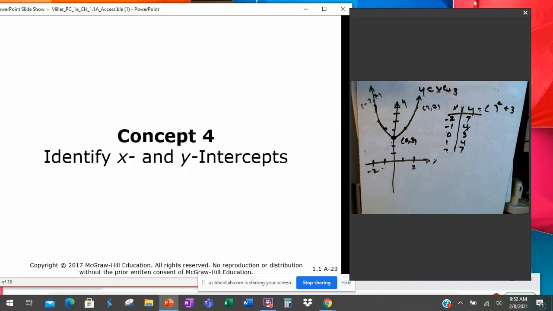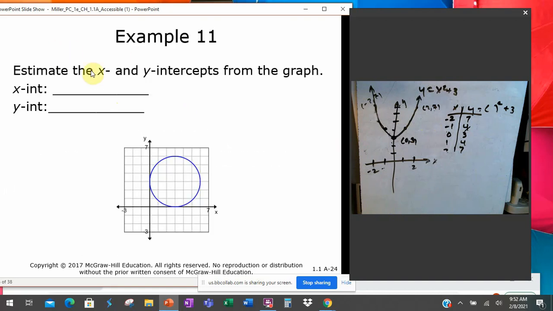X and Y intercepts, that's what I was telling you before. Estimating it from a graph, here's the x-intercept, where the graph that we sketch touches the x-axis. And then we would say the x-intercept is x equal 1, 2, 3 right there. 3, 0, the y is 0 here. This is the y-intercept. X is 0 here, and then 1, 2, 3.